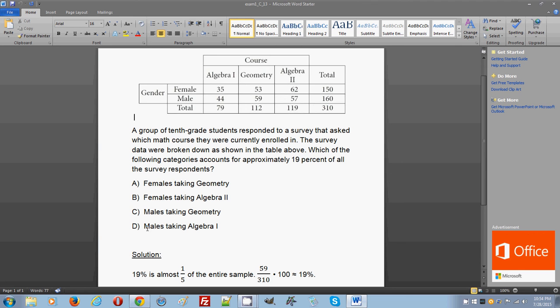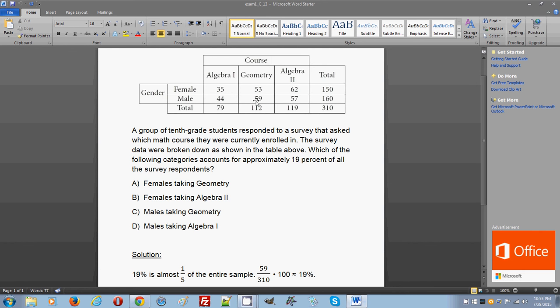And your last choice, males taking Algebra 1, this is 44, and this is way below 53 that we warded off. Remember the 53 that we thought was way below 19%? Well, 44, guess what, is way below that. It must be probably even below 15% or something. Well, maybe 15%, right? Something like that.